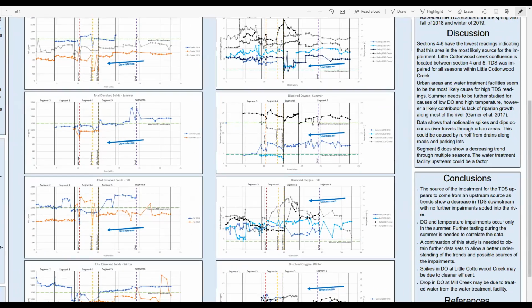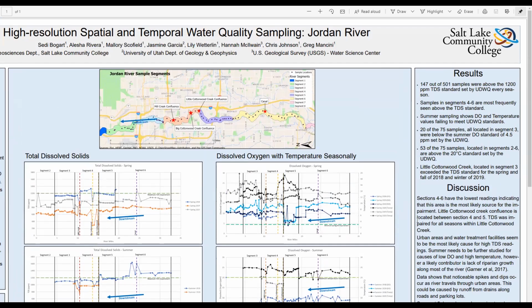A total of 518 samples were collected at 84 predetermined locations seasonally between 2018 to 2020. Winter data was sampled in January, spring in March, summer in August and September, and fall in October.